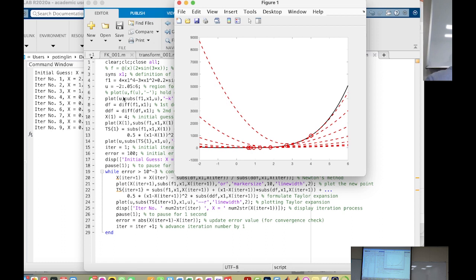Is it really approaching the true optimal? We don't know. We can zoom in to figure out.